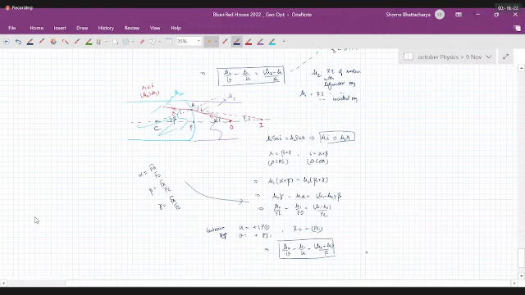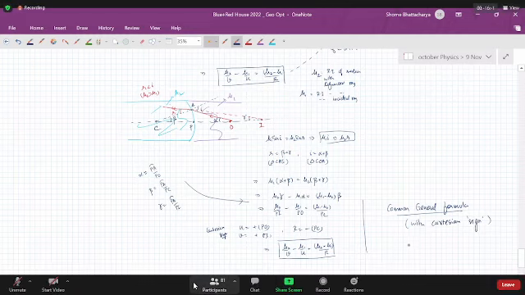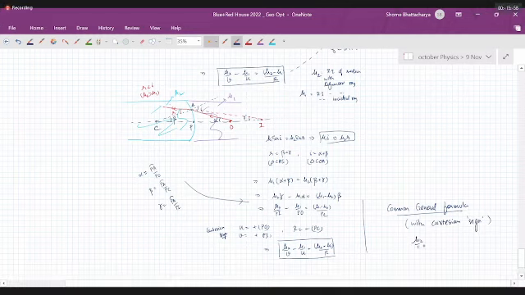So the common general formula for all refracting surfaces with Cartesian sign convention is this: mu2 by v. Okay. And this will even give you your real depth apparent depth formula if you take a plane surface.